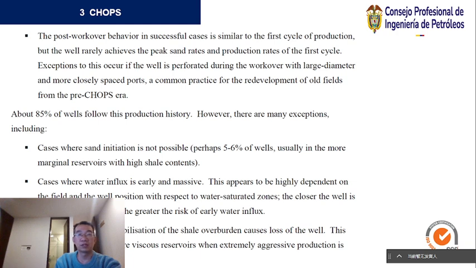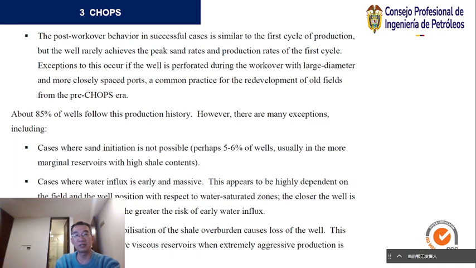The post-workover behavior in successful cases is similar to the first cycle of production, but very rarely achieves the peak and production rates of the first cycle.